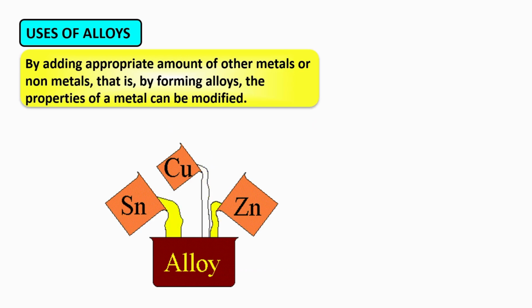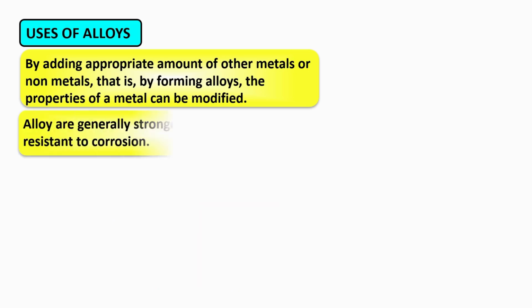By adding appropriate amounts of other metals or non-metals, that is by forming alloys, the properties of a metal can be modified. Alloys are generally stronger and harder and are resistant to corrosion.